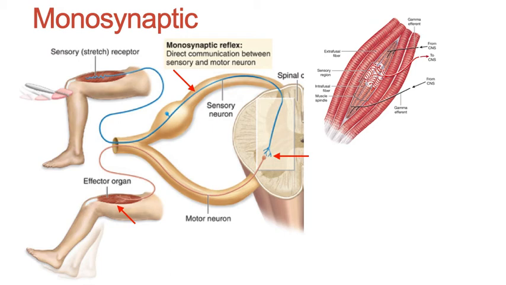This triggers an immediate motor response, in this case contraction of the stretched muscle to counteract that stimulus. The entire reflex is completed within 20 to 40 milliseconds, because there are only 2 neurons involved, and it's also propagated along myelinated fibers. Remember, we've discussed that myelination increases the speed of the nerve impulse.